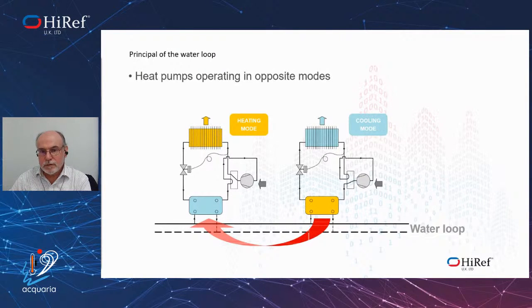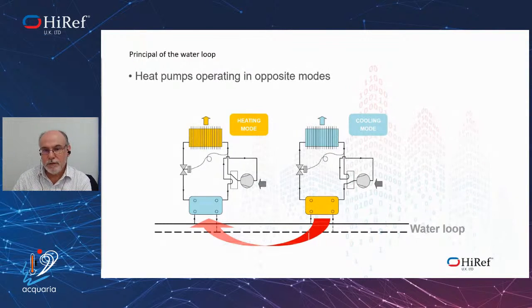Now, heat pumps in general operate in the opposite. So if you're taking heat out and putting it into the apartment or office space or retail space, it means that you are then pushing cold water into the loop. And so you have to consider how those opposites work.